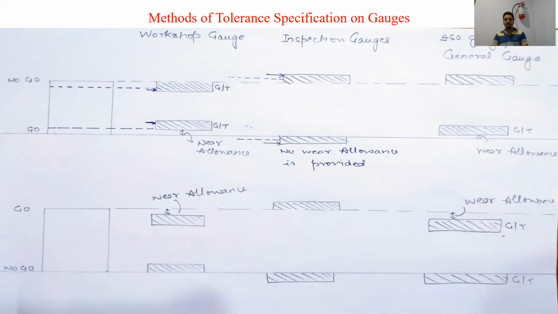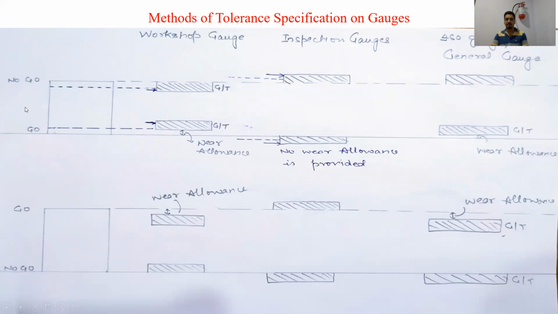Now, what happens in case of the workshop gauge? Let us consider our gauge is designed at this point. It means this. And our hole is designed at this level. So in this condition, this no-go part will enter into the hole.